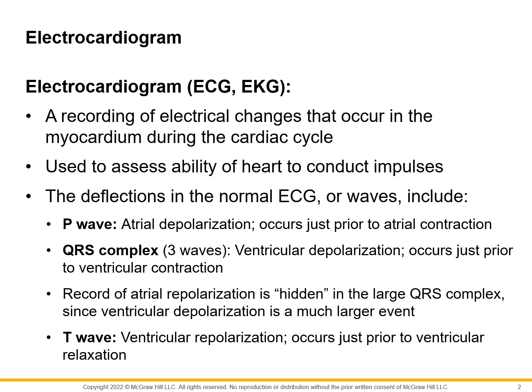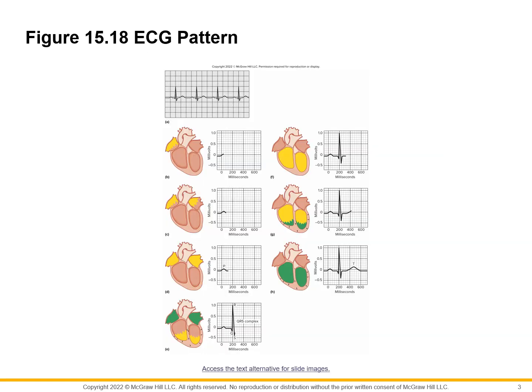Okay. To understand these three waves, let us have a closer look at this diagram, which shows in the left part here the heart, and here are the atria, lower down are the ventricles.